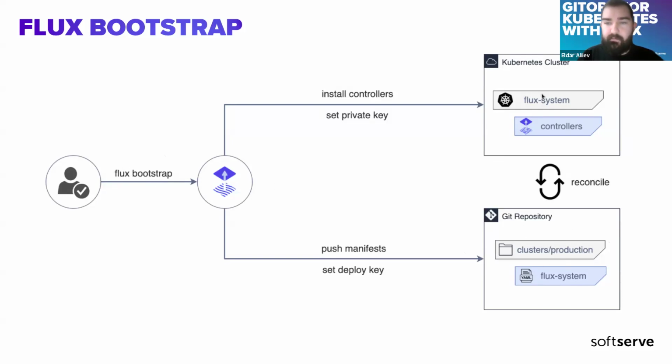It will install Flux back to your cluster, along with all of the components that have configuration in this Flux repository. It gives you the ability to have persistence. We will see how this works in the implementation demo.